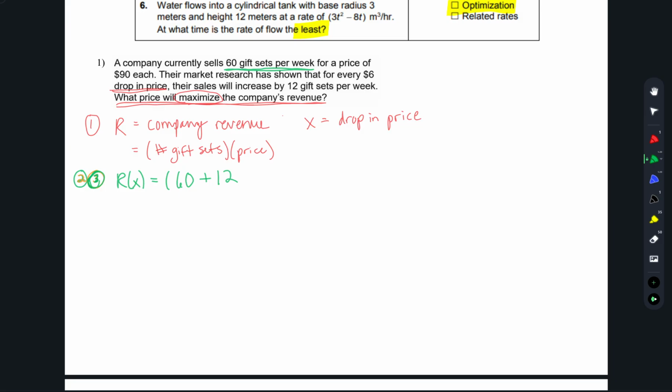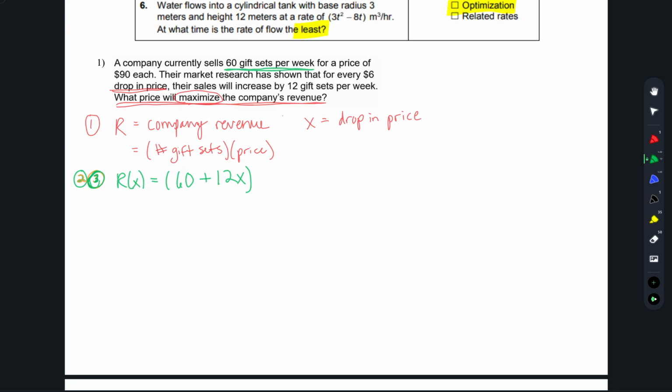This is all my gift set stuff. I'll do the price later. If I drop it by $6 twice, you're going to add in 24. So for the gift sets part of the equation, it's for sure 60 plus whatever more I need.